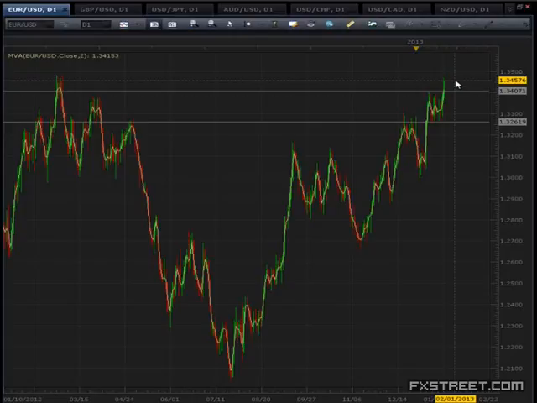Now, it's practically impossible for us to predict how many hundreds of pips the euro could gain if $1.3485 is broken. Decisive.